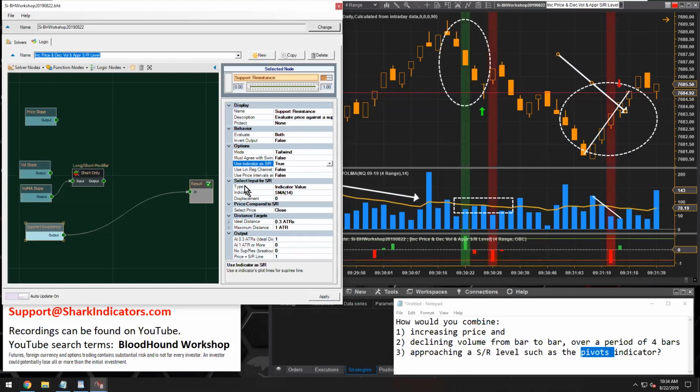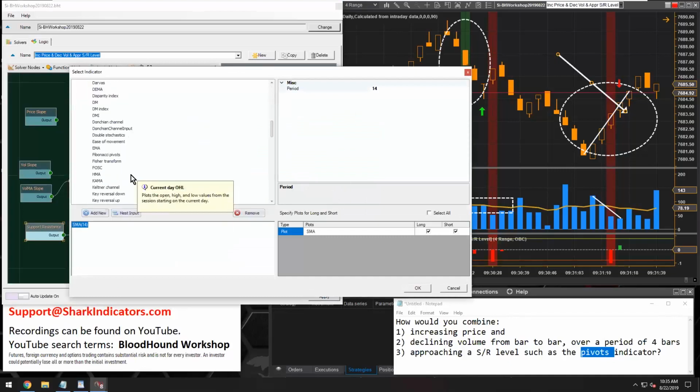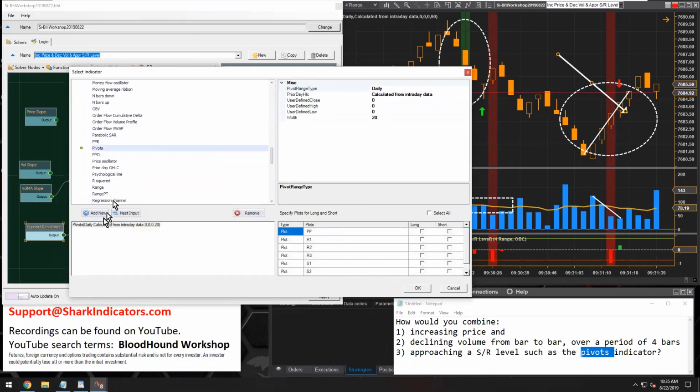And now we can see the select indicator input option opens up here. And so let's go to the indicator and let's pick the pivots indicator. All right, there we go. There's our pivots indicator.